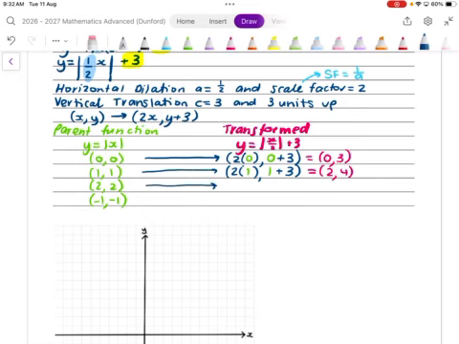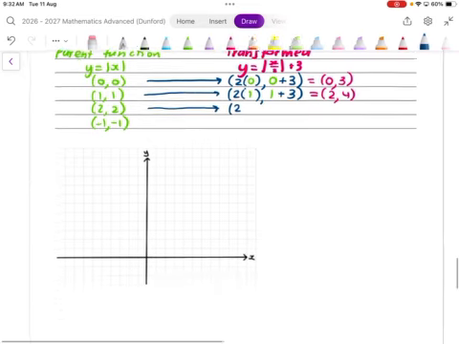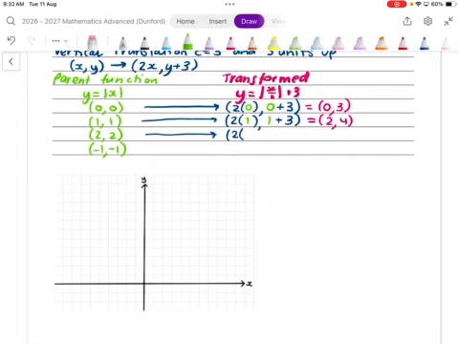Then we have 2 lots of 2, and then 2 plus 3. So that becomes the point 4, 5. And then lastly, our 2 lots of minus 1 plus 3 is going to become minus 2, 2.